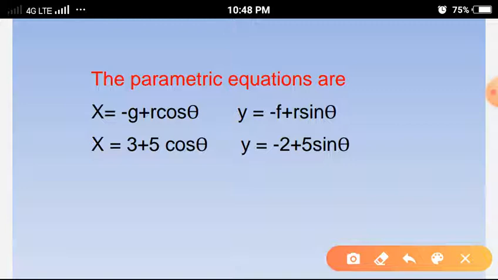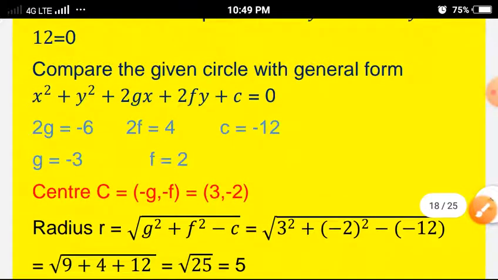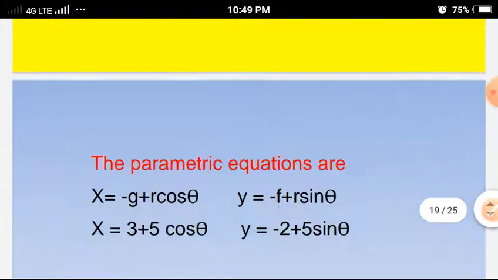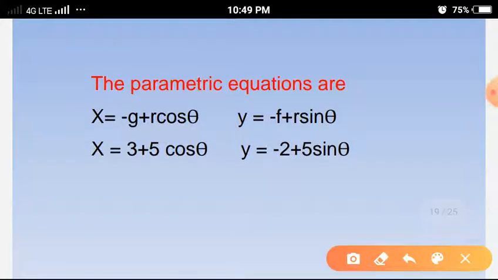Here we got the center 3 comma minus 2 and the radius 5. Now we can easily write the parametric equations.